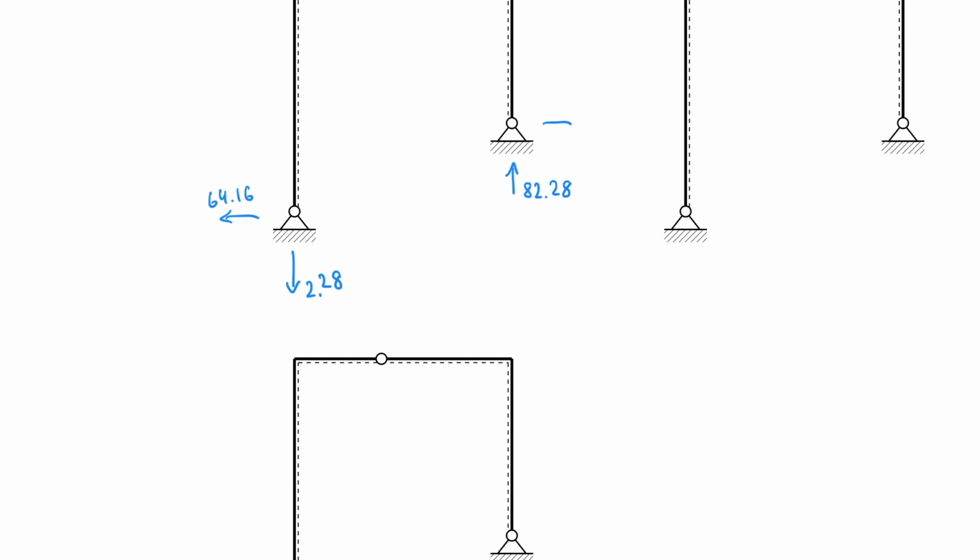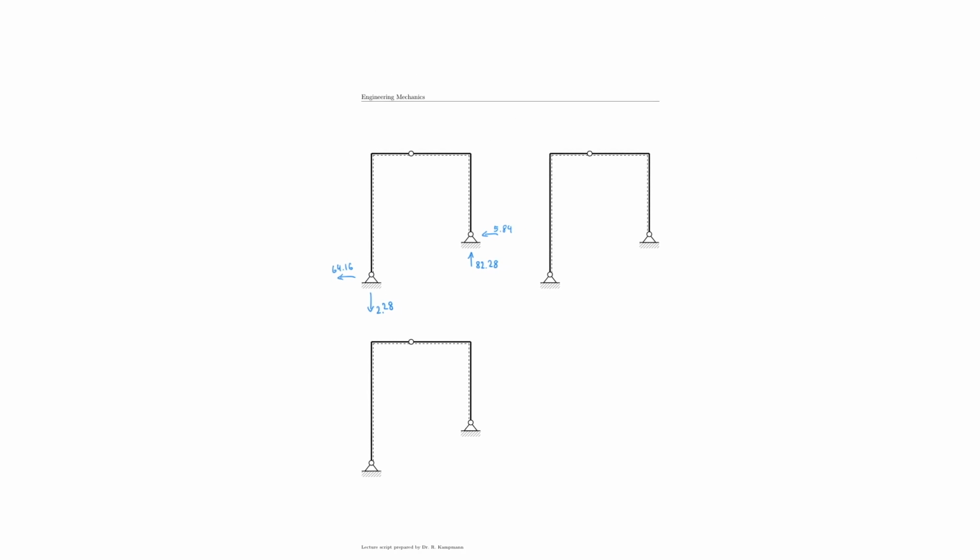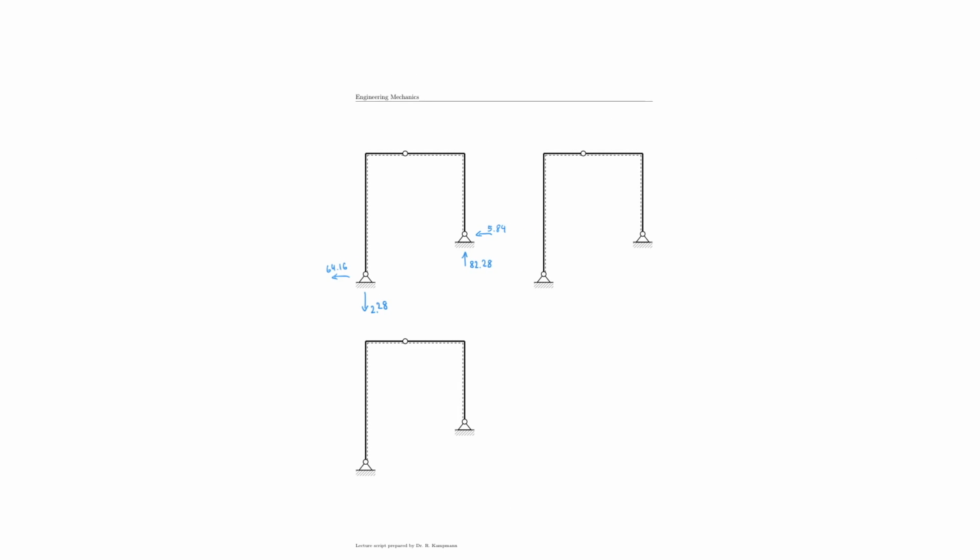And I have 5.84. Now I can go ahead and use that information to draw my internal force diagrams. So let's agree that I will start with my normal force diagram here on the side, on the top left, and that is in kilonewton.